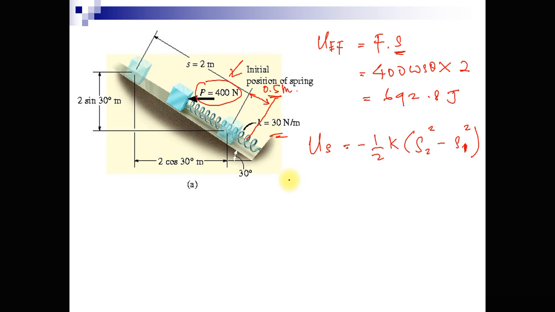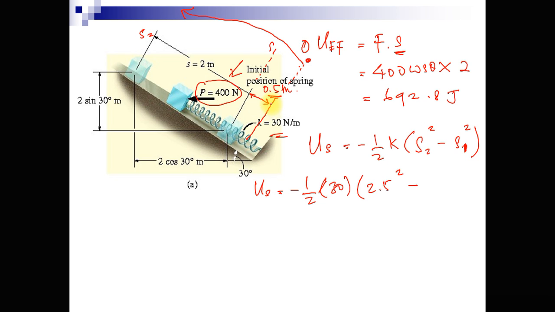So what we have here is work done on the spring equal to negative one half, K is 30, and S2 is the position taken from the initial position. So this is the initial position, this is S2, this is S1. S2 is taken from this direction, so S2 is 2.5 squared minus S1.